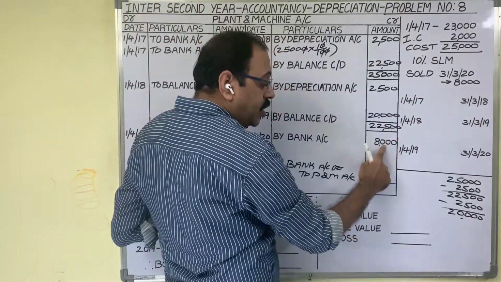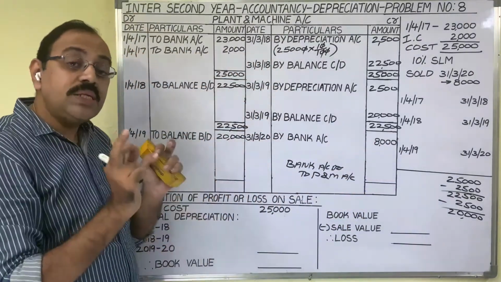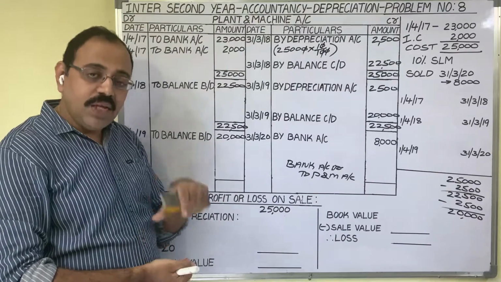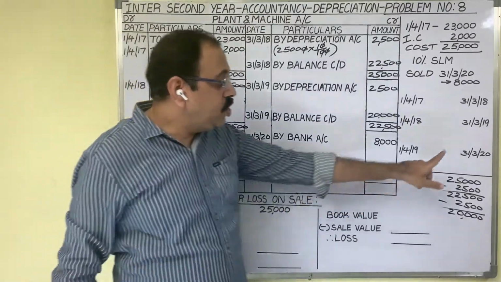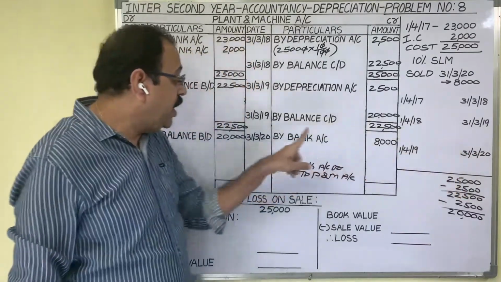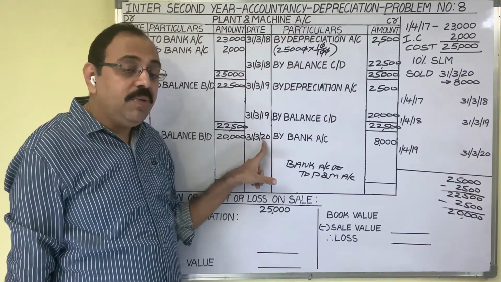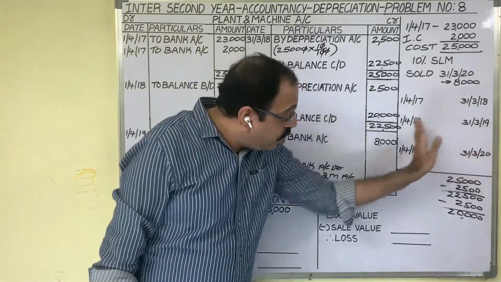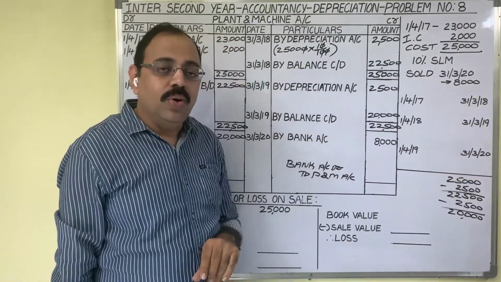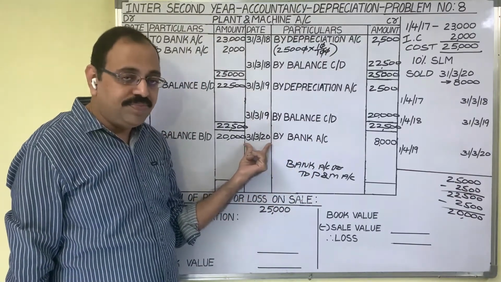Write down that 8,000 in amount column. In date column, write down the sale date. In this problem, asset is sold at the end of third year. Therefore, write down the date. Sometimes asset may be sold before this date also. Then that date only we should mention in date column.